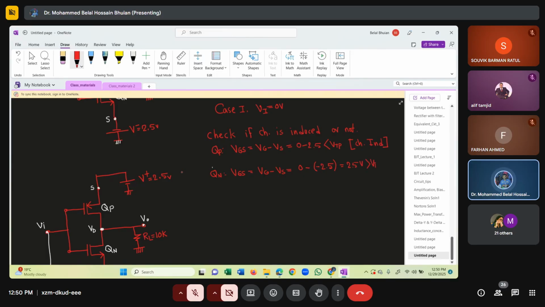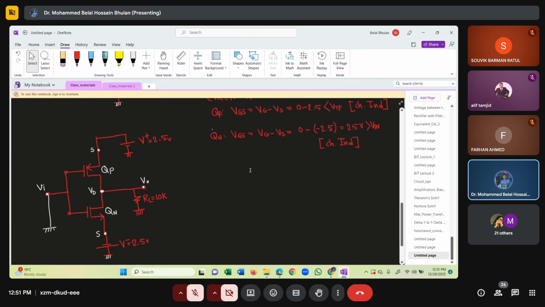Again, it's greater than VTN. VTN is 1. So for both cases, we find the channel induced. It means neither QP nor QN are operating in the cutoff region. Both of them have channels.